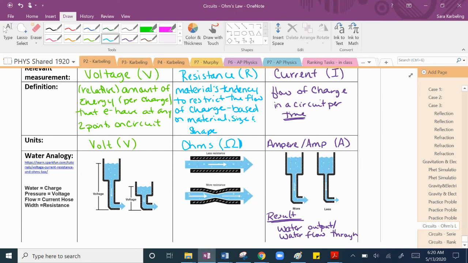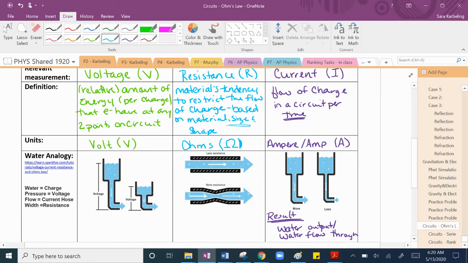By doing that, you're changing the size of the tube or the thing that the water in this case is flowing through, and that's going to affect the rate, right?